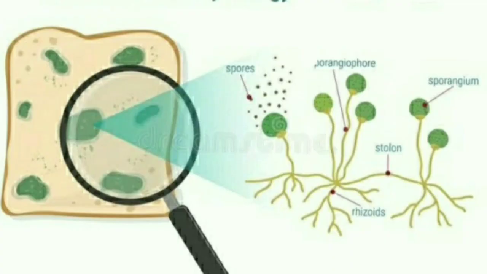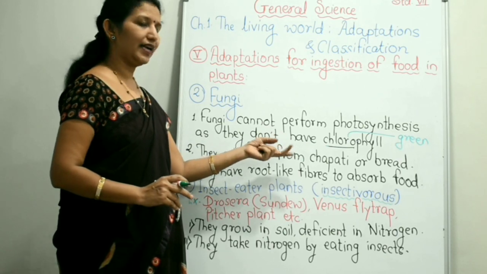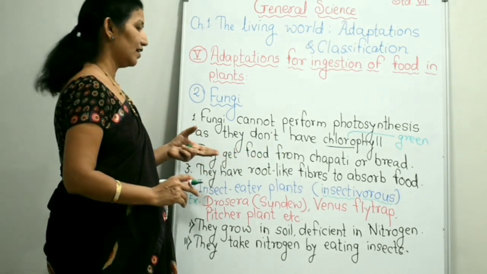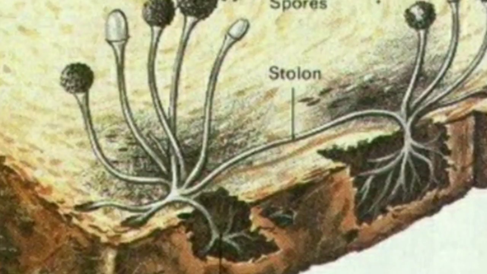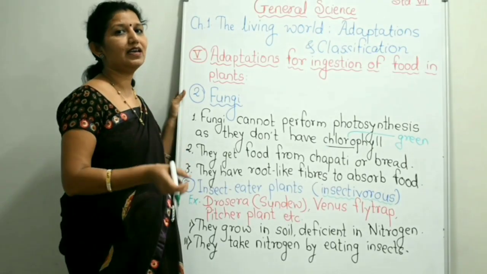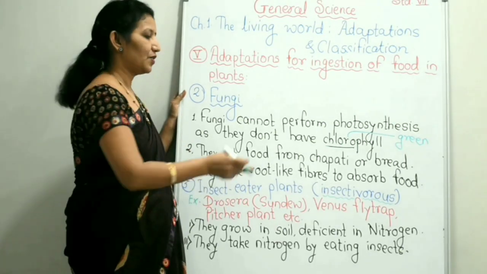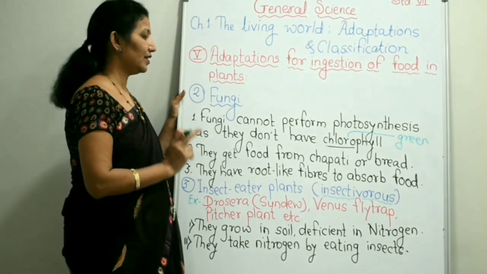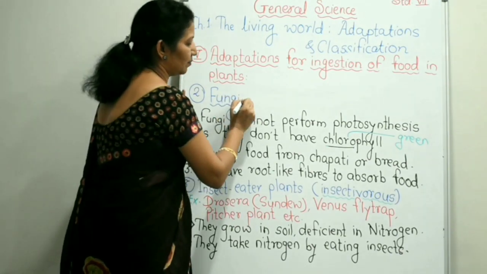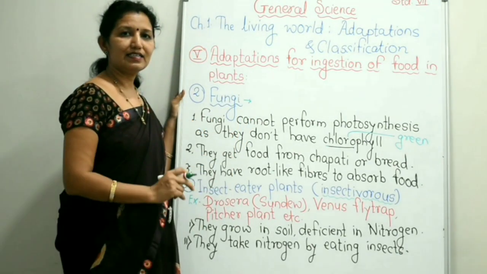That's why they grow on it, because they want some host, and they grow on chapati, bread, bhakri, etc. These are starchy substances, and from that they get their food, and they have root-like fibers to absorb their food. How can they absorb their food? With the help of those fibers. In this way, we have studied the fungi in detail.